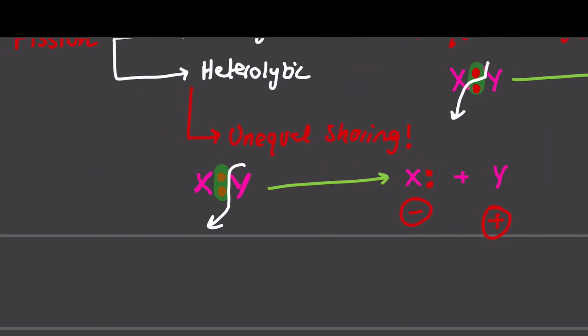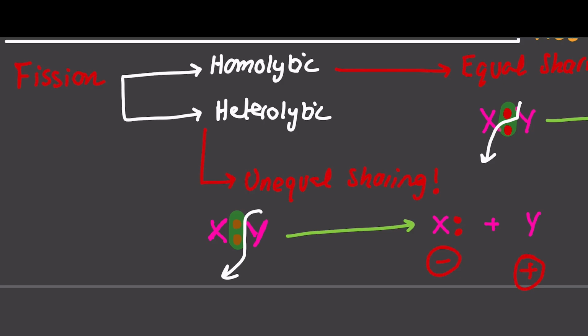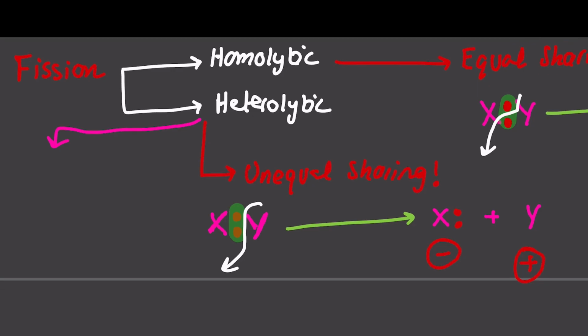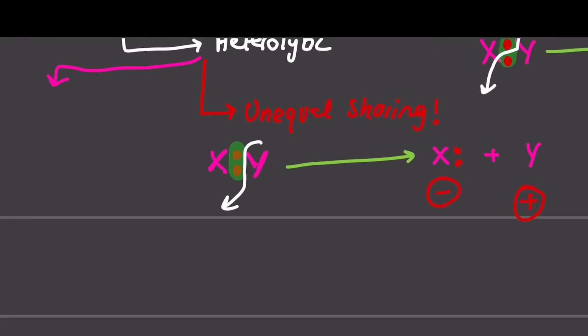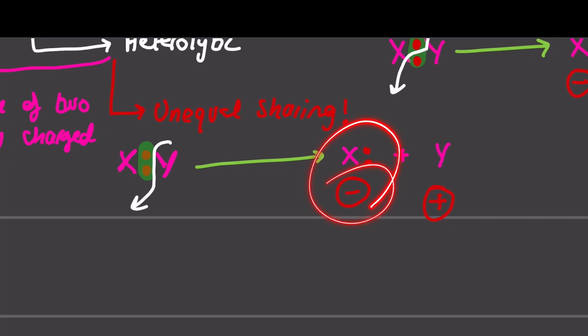So coming over here and talking about it from an exam point of view, because I need you guys to be prepared for that as well. What do we have over here? There's an unequal sharing, and we basically say that production of two oppositely charged ions, and we can say okay, we're generating an anion and a cation.